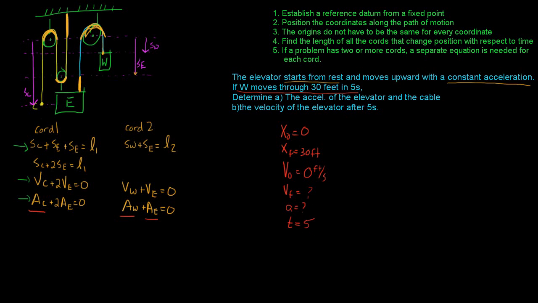So if we look at all our kinematic equations that we know, we can go through them. We know a final velocity is equal to an initial velocity plus the acceleration times time. A final position is equal to an initial position plus the initial velocity times time plus 1/2 times the acceleration t squared.